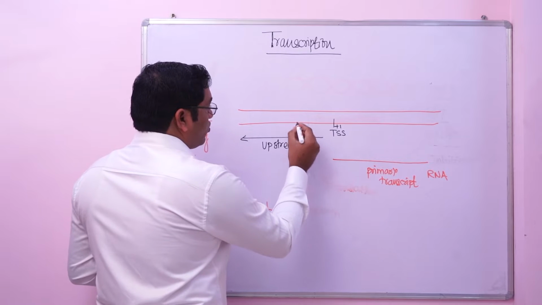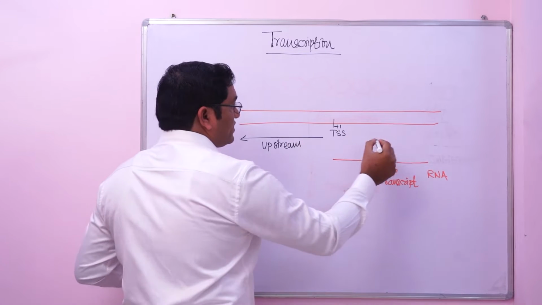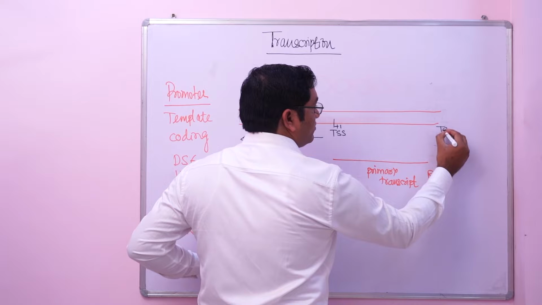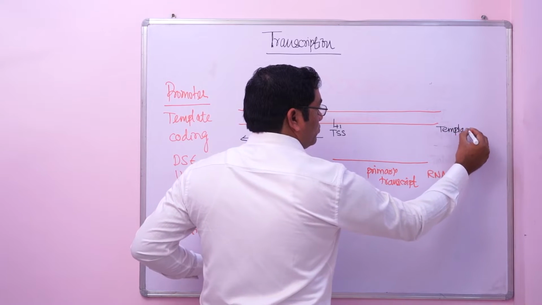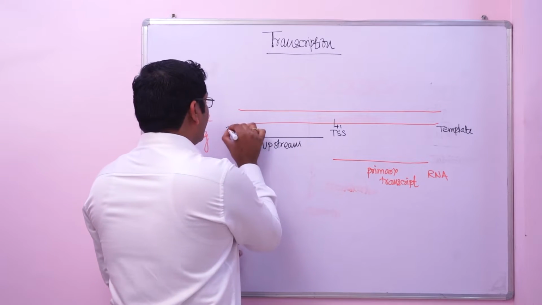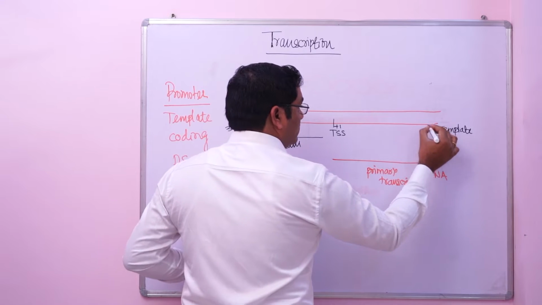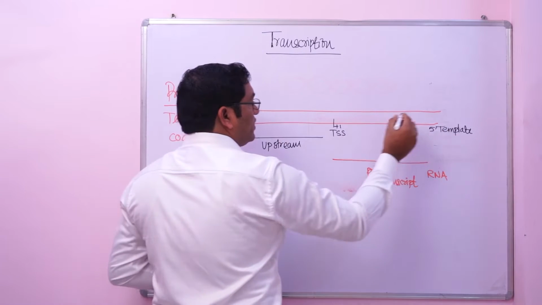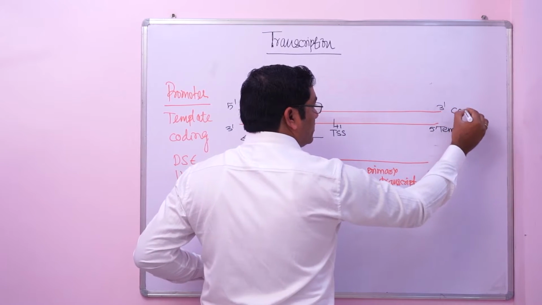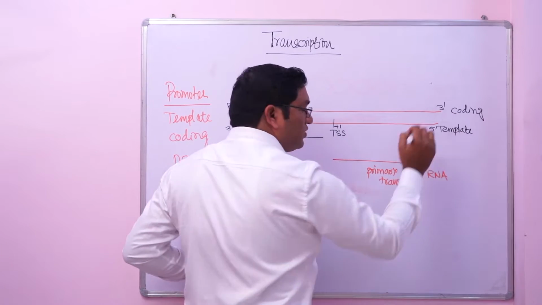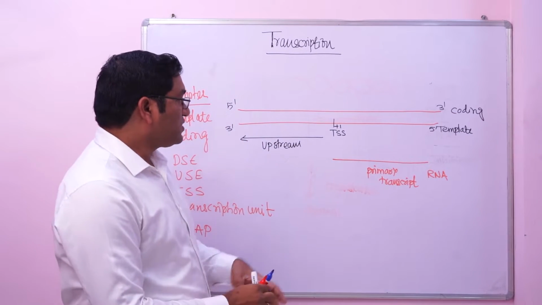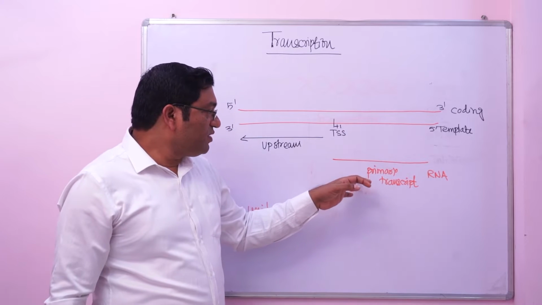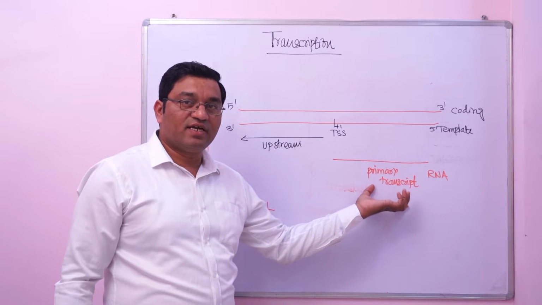So in prokaryote it is on the coding strand. This is the template strand, in 3' to 5' direction, and this is the coding strand, in 5' to 3' direction. Now why is it known as coding strand? Because the sequence is exactly similar to that of the newly synthesized RNA molecule.